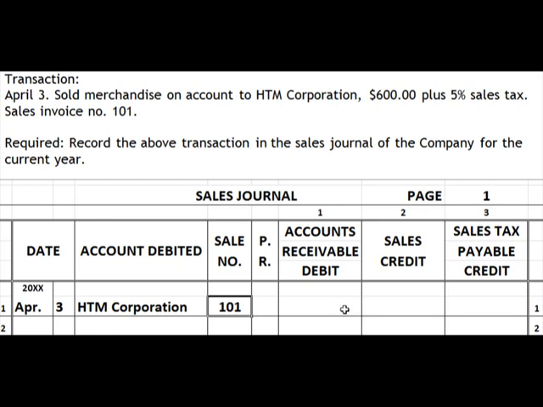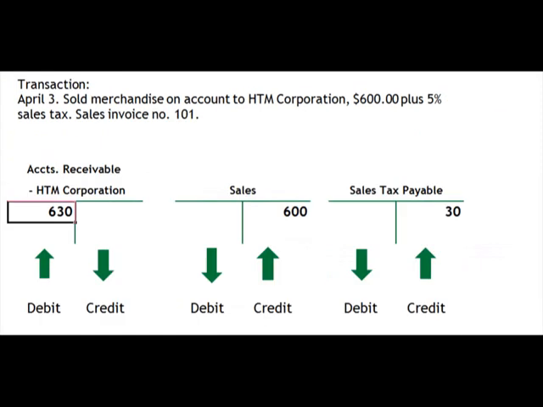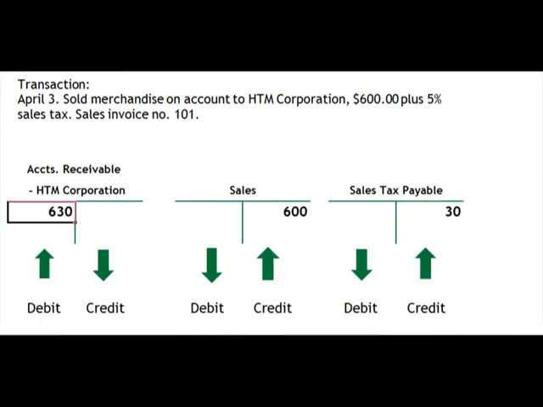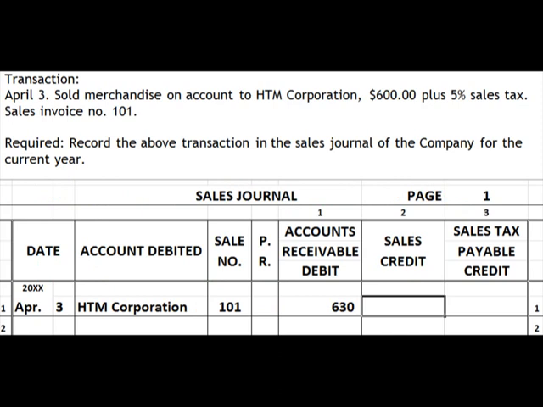For accounts receivable debit, we will refer to the T account that we had before, which is 630. We have also the sales, which is amounting to $600, and the sales tax payable credit amounting to $30. And that completes our sales journal.